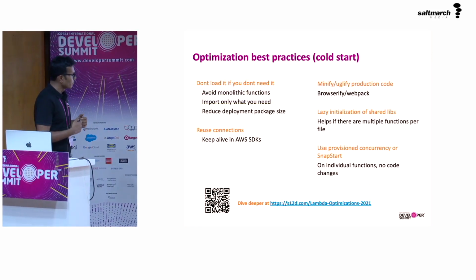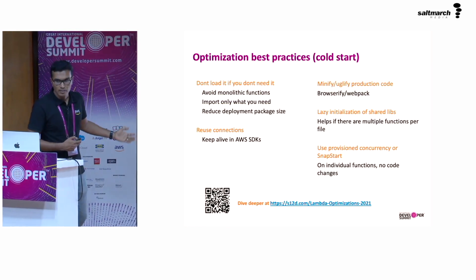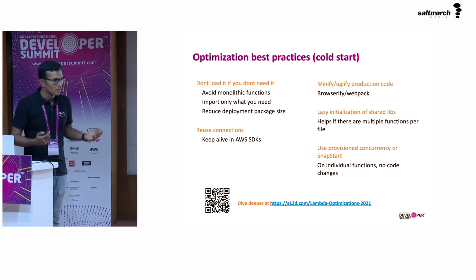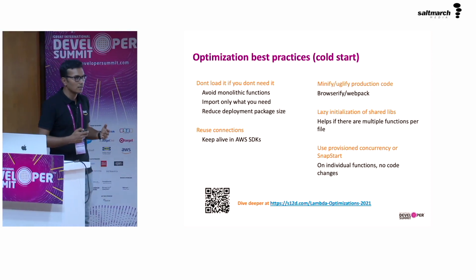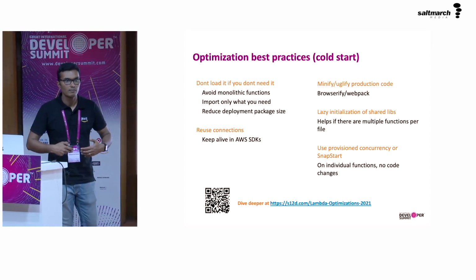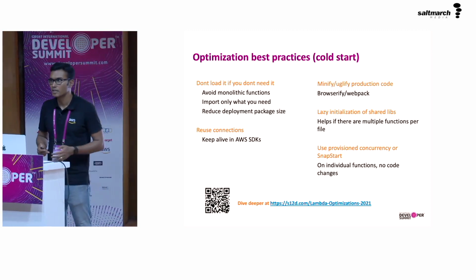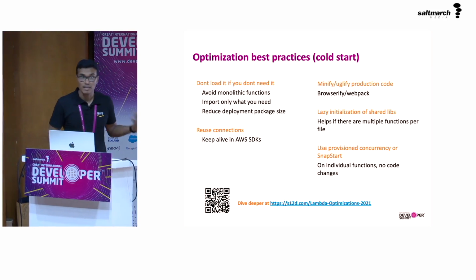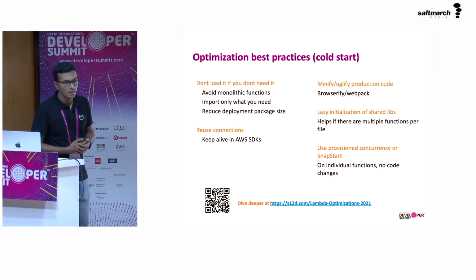Some of the optimization practices you can do on this front: we have seen it's a natural tendency that if you need a lot of libraries, you would load all the libraries at the start. Do you really need to do that? Can you use something like lazy loading techniques to load only these things? That will massively help with the cold start.